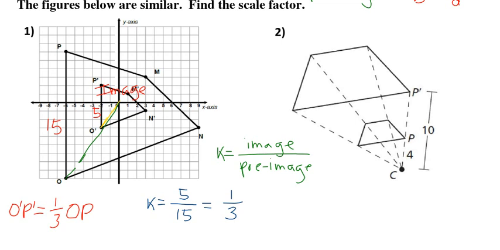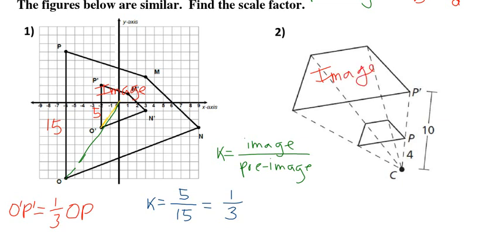We're just going to do it for number 2. And if we notice here, we are not working with the sides of the figure. We are only working with the distance from the center of dilation to the figure, and the distance from the center of dilation to the other figure. So very important, we need to identify, first of all, which one is the image. In this case, we know that the bigger one here is the image because it has P prime, whereas the other only has P. So this one is the image.